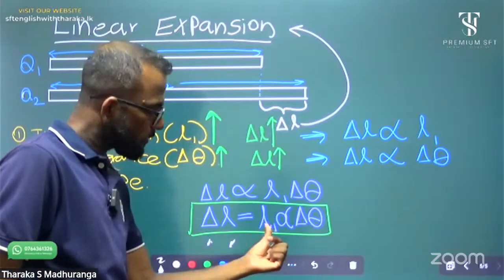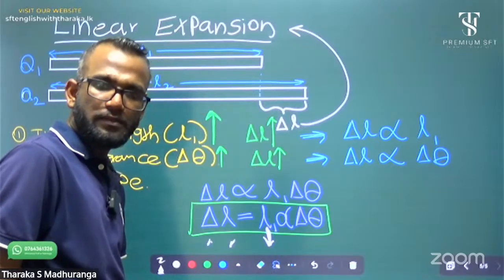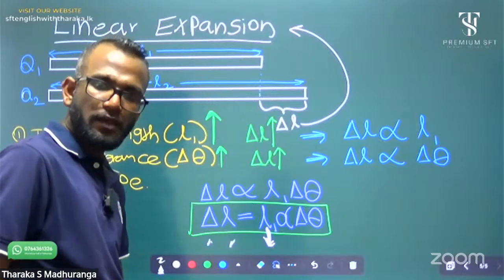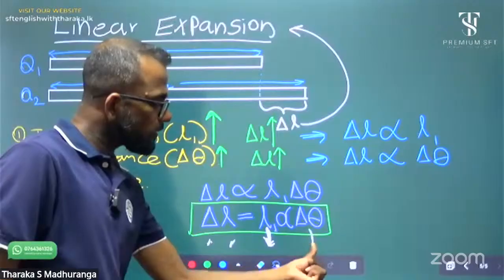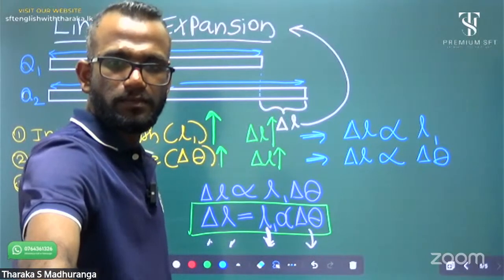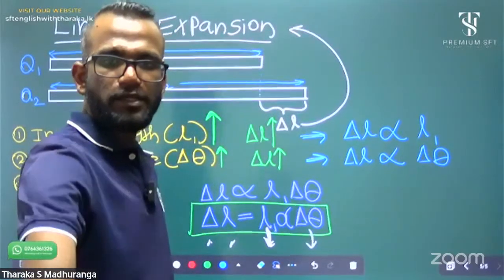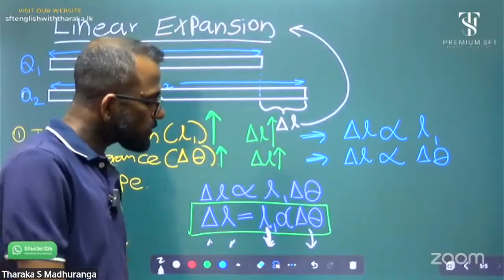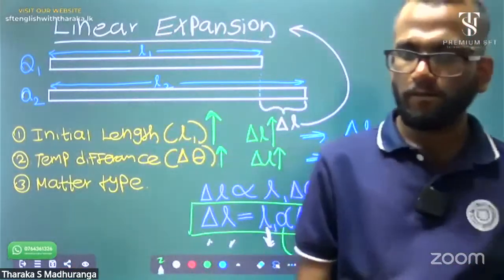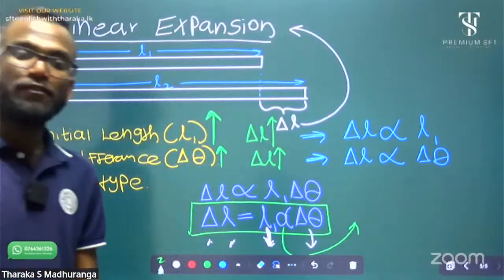L1, initial length. Delta theta, temperature difference. Then what's the meaning of alpha?